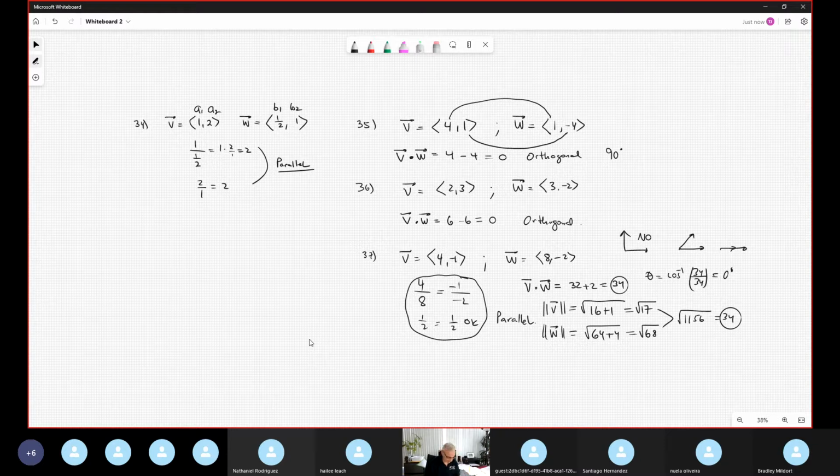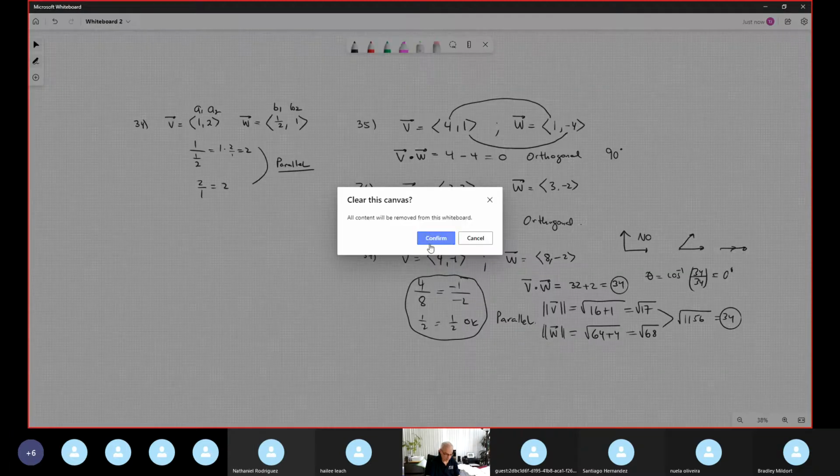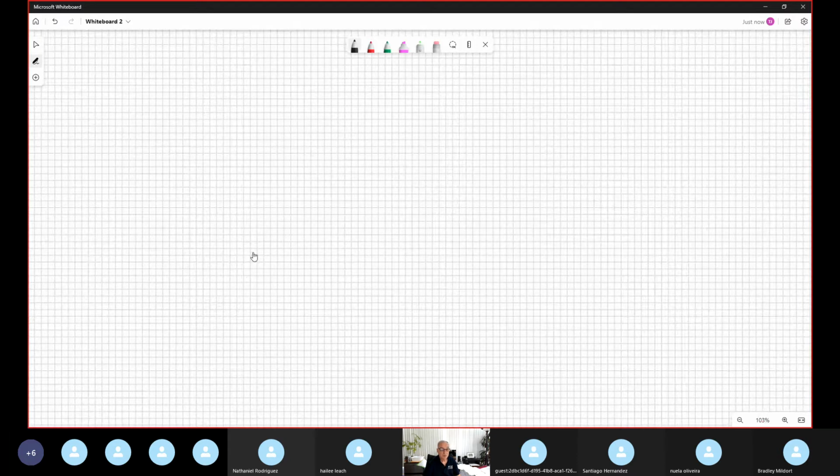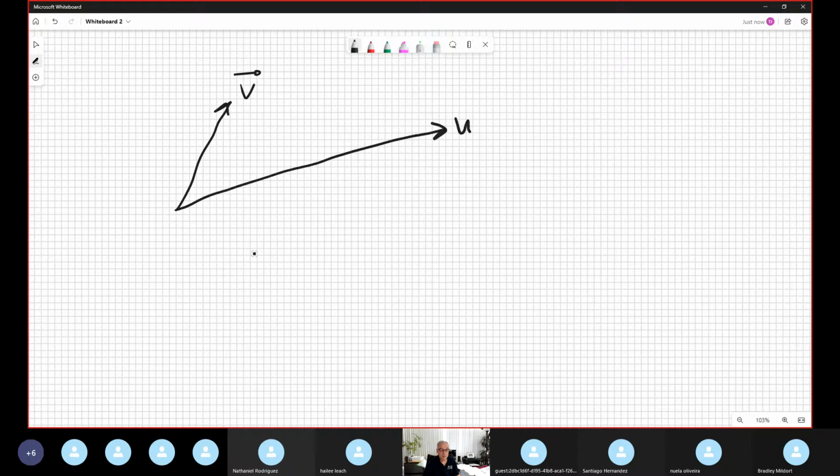Okay, let me do 38, 39, and 40, and that's it. Okay, in this case, you compute the orthogonal components. But this is a more complicated idea. Let me explain clearly. What is the idea? You have two vectors, the famous vector B and another vector W. And the idea is to break down this vector into two components.